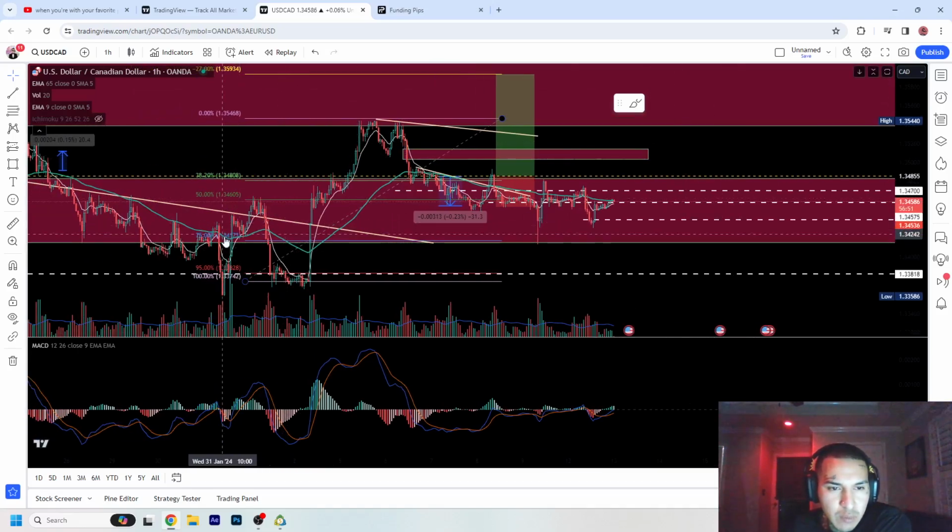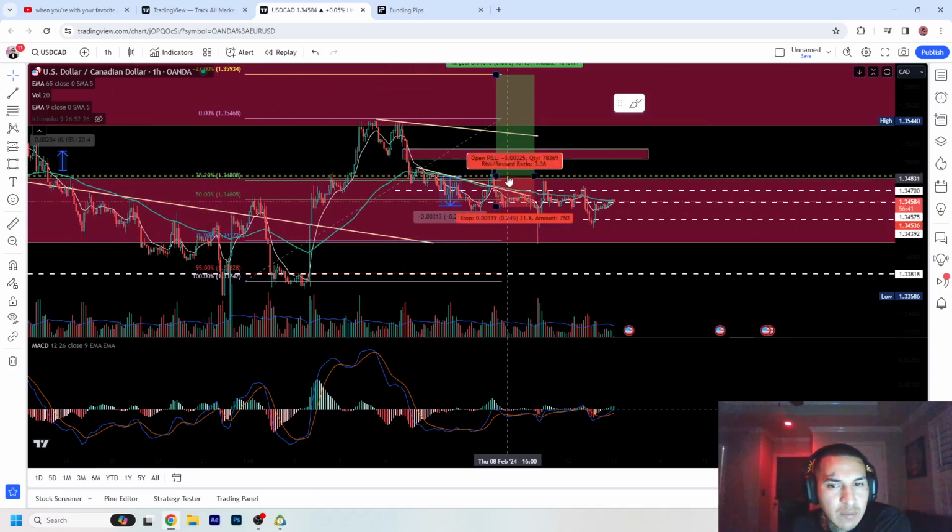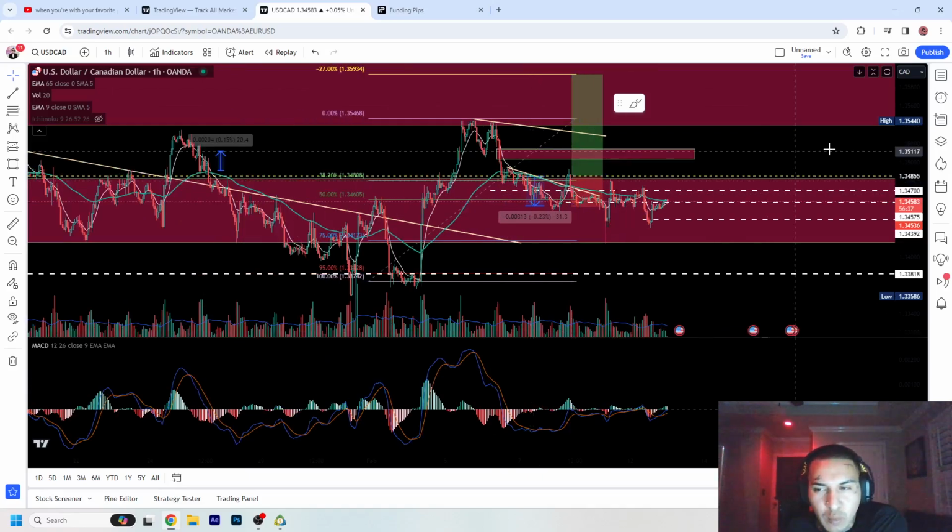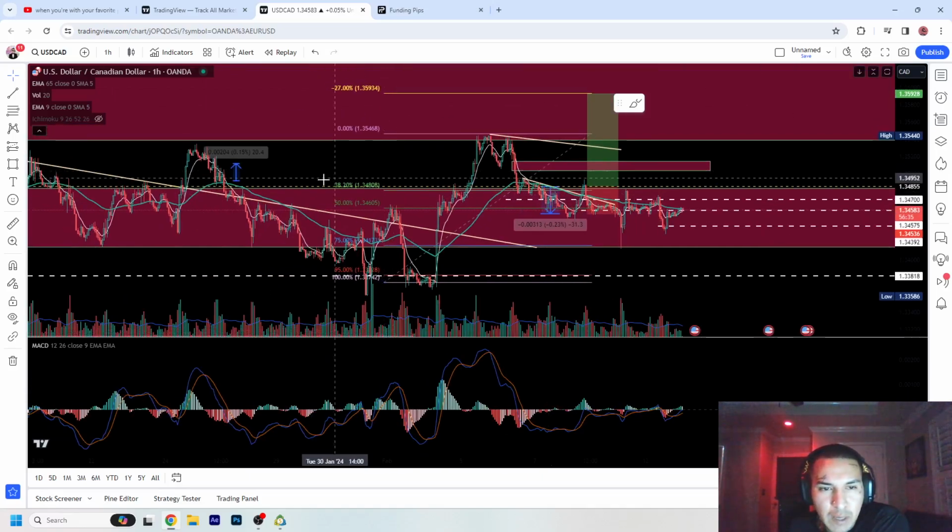As you can see, there was a break right here. How many breaks? It broke right here one time, two times, three times, four times, five times, six times, seven times. So we know that buyers are trying to push and sellers keep dropping and dropping them.